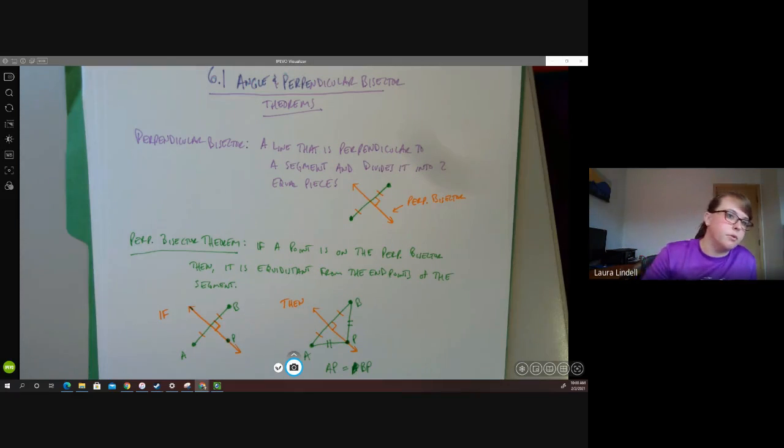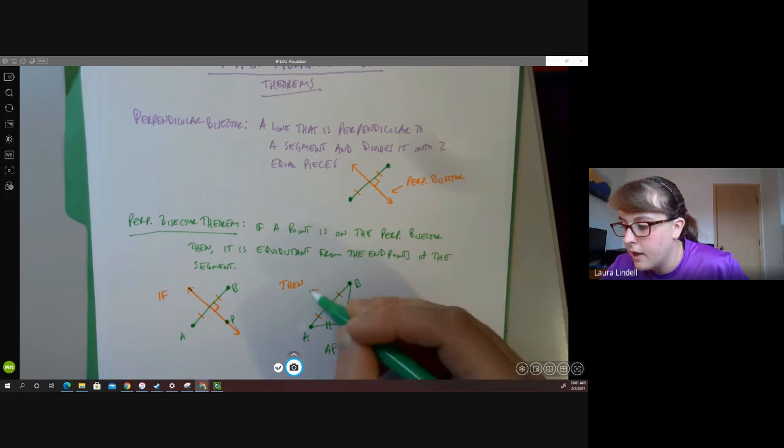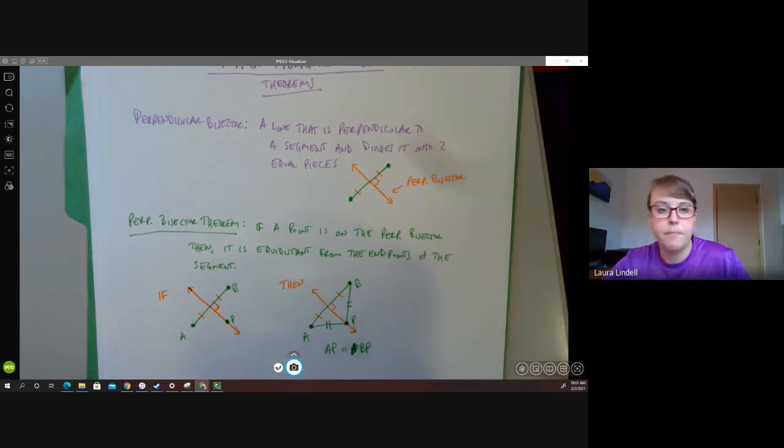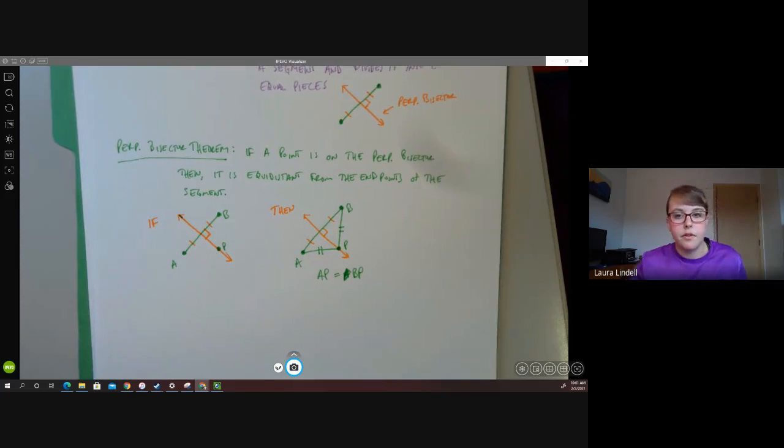AP is equal to BP. So if a point is on this line here, it's the same distance from that point to point A as it is to point B. That's what that theorem is telling us. So you'll notice today there's going to be a lot of things that are equal.